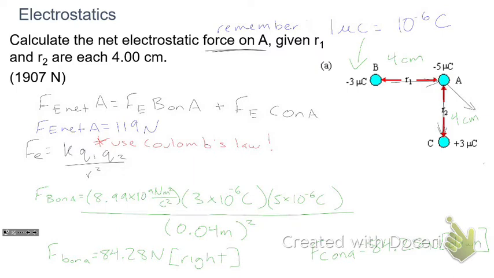Would you only use F_E of B on A plus F_E of C on A if they were both horizontal? Yes. It doesn't really apply for this one, you just have to use the triangle, because one is a horizontal component and one is a vertical component, right? If they were all in line like this, then it would all be horizontal.